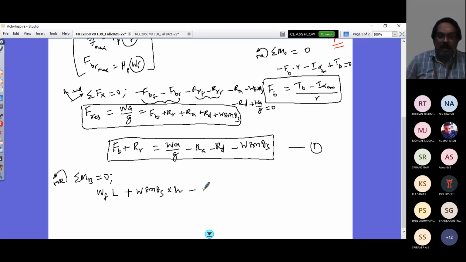Minus the weight component W cos theta S into L2, then aerodynamic resistance into HA, then drawbar resistance into HD, then the moment due to the inertia force, D'Alembert's force, which is clockwise, so that's WA by G into H. So this is all equal to 0.